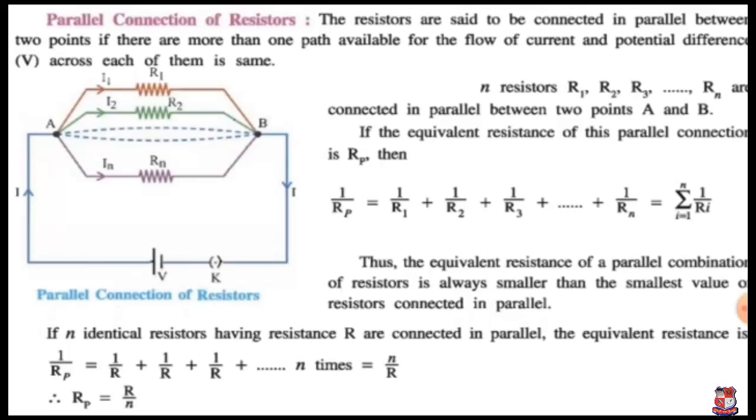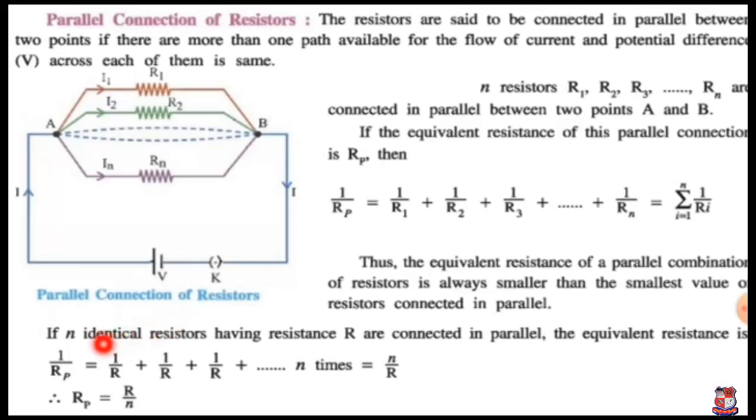When you take the inverse on both sides, because here you are getting the value of 1 upon Rp, but you need the value of Rp, so Rp is equal to 1 upon 0.11, which is equal to 9.09. This is the approximate value, 9.09 ohm, which is again smaller than the smallest individual resistor we have used, of the value 10 ohm.